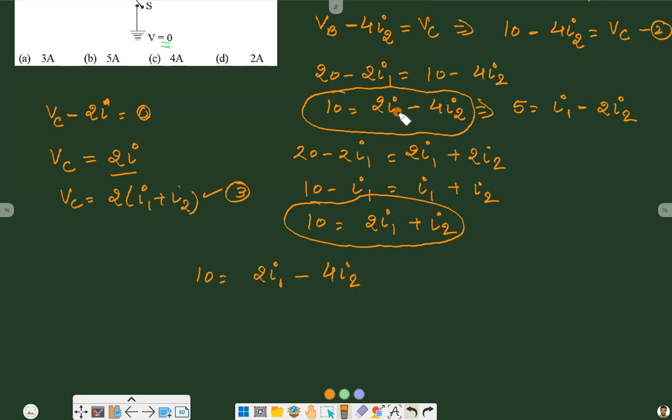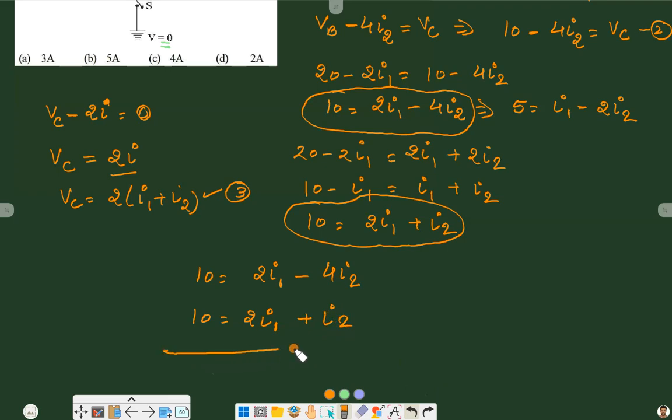Why are we using this equation instead of this? Because we have to cancel either I1 or I2, and in this scenario we have 2I1 here and only one I1 there, so we will use the equation with 2I1 so that our mathematics is a little bit easier. And 10 is equal to 2I1 plus I2.